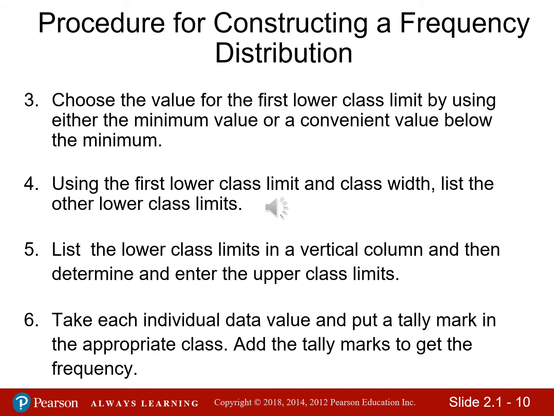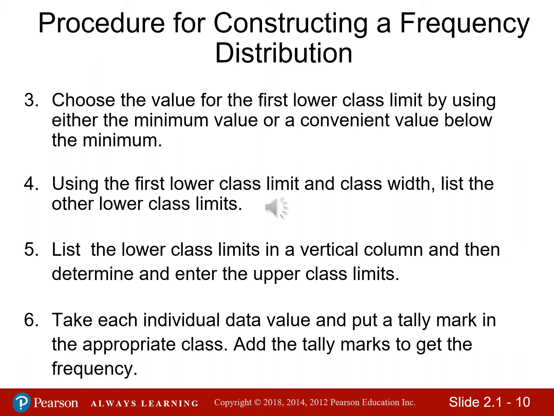The fifth step is we list our lower class limits in a vertical column, and then we use this information to determine the upper class limit for each class. So if the lower class limit of class 1 in our McDonald's example is 75 and the lower class limit of class 2 is 125, then it makes sense that our upper class limit of class 1 would be 124.